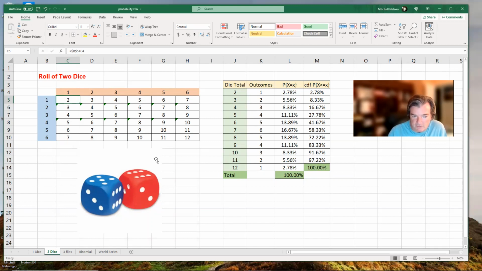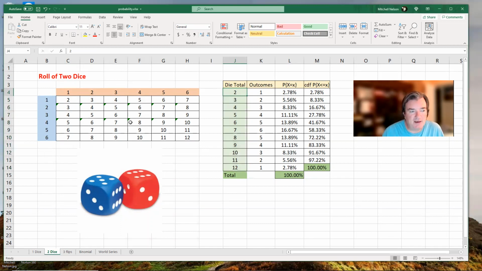Can't get a 1 because there's 2 dice rolling and they have to have a value of 1 or more. So we can get a number as low as 2, and it could go as high as a 6 and a 6. It could go as high as 12. So the possible outcomes for rolling 2 dice, and die is plural for dice, 2 die could be anywhere from 2 to 12.